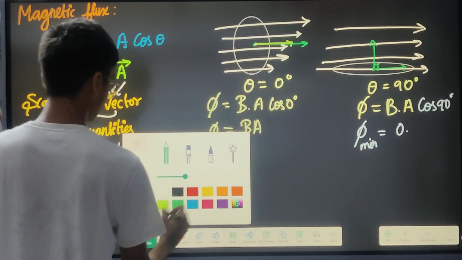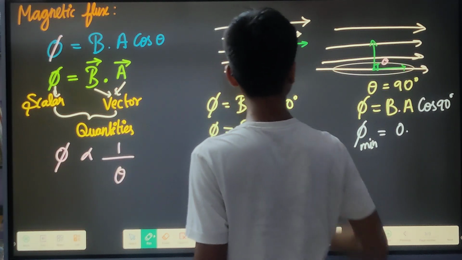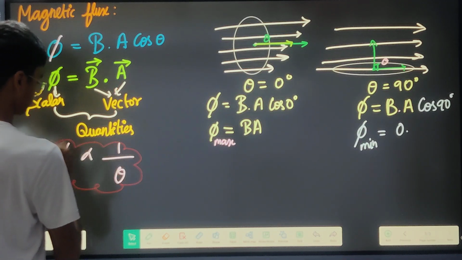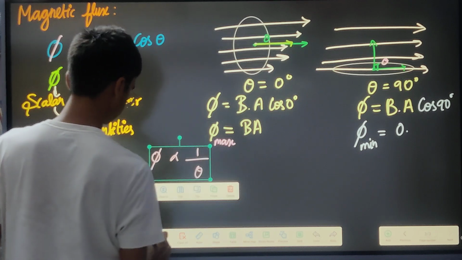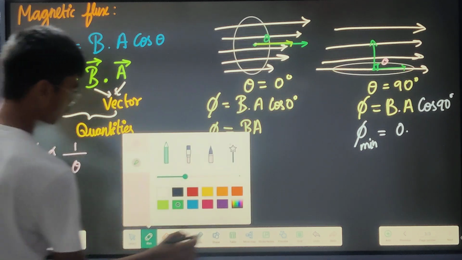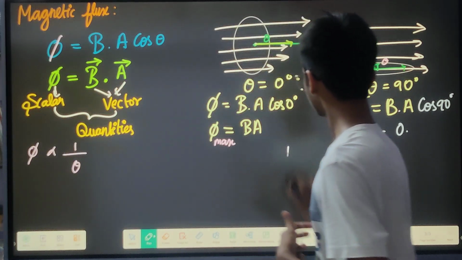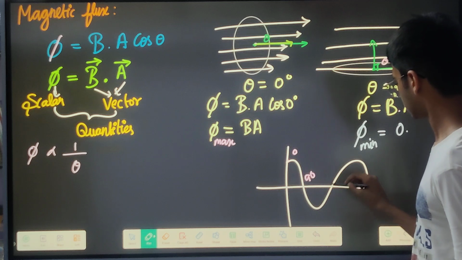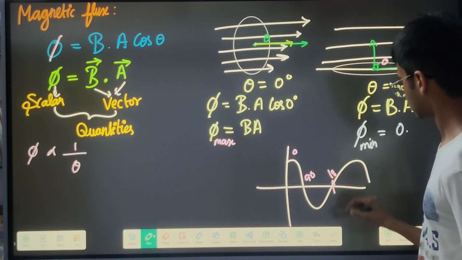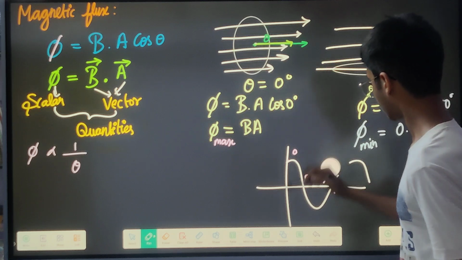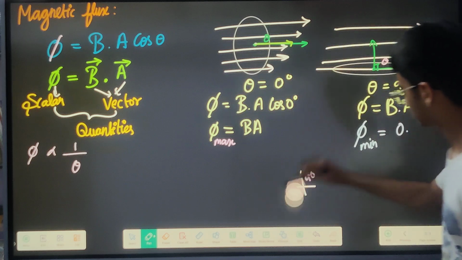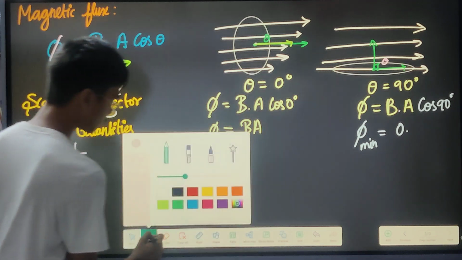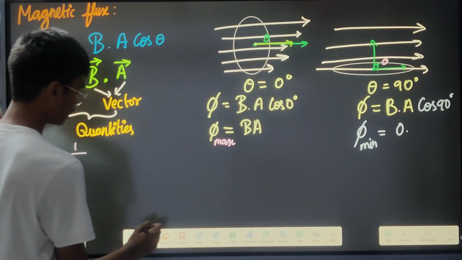So here is theta. Let us keep it from 90 to 270.